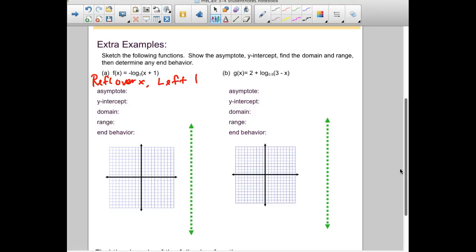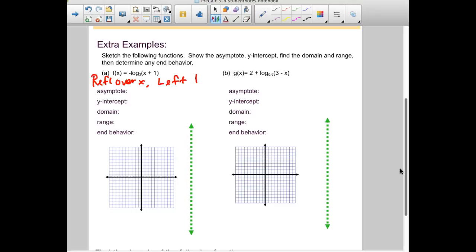And I heard left 1? Okay, so if it's reflected over x and it says log base 3, what was it originally? What was the base originally? It was a 1/3 base, right? They just converted it, okay? It's easier to make a t-chart when your base is a 3 versus a 1/3.